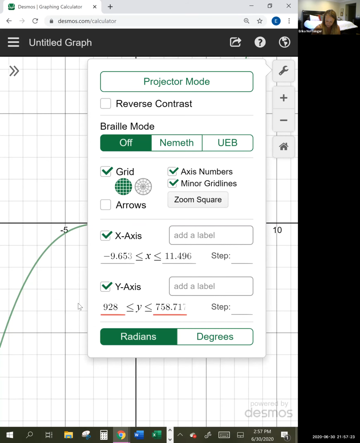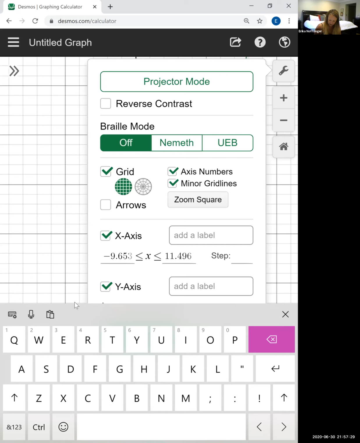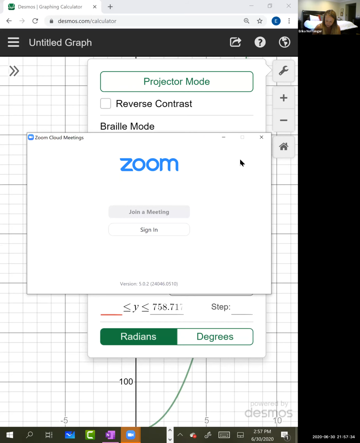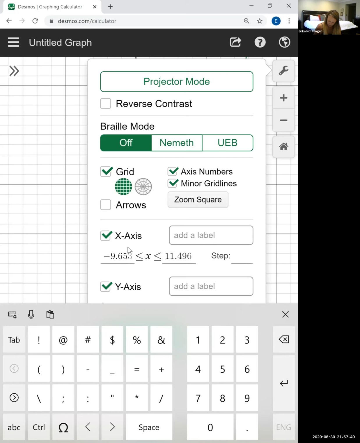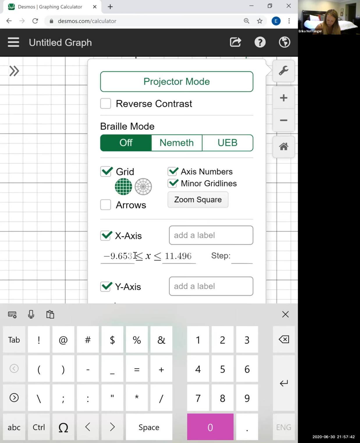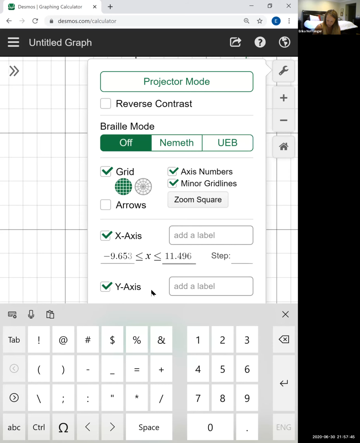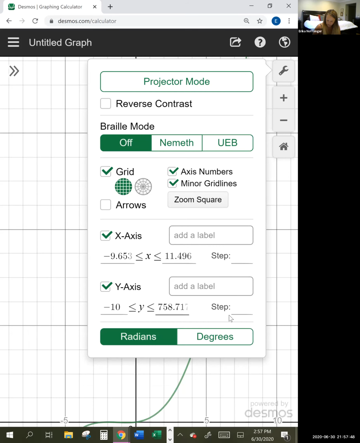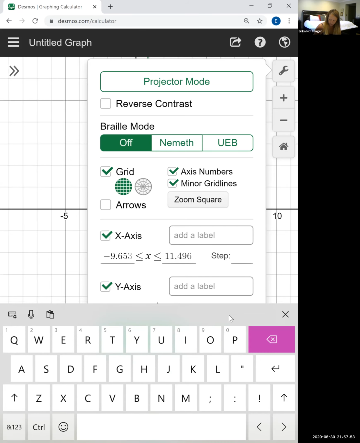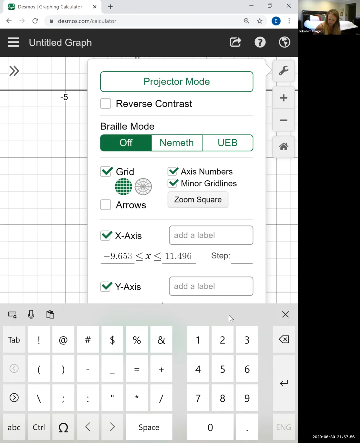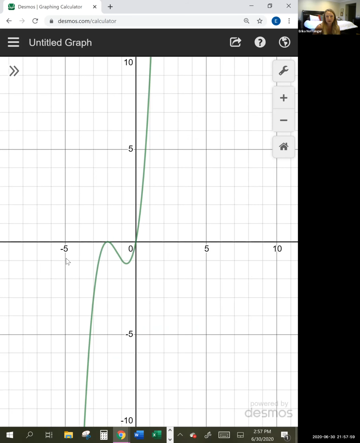So let's change that, and we might have to change a little more. Okay, much better. So that's kind of what we had gotten.